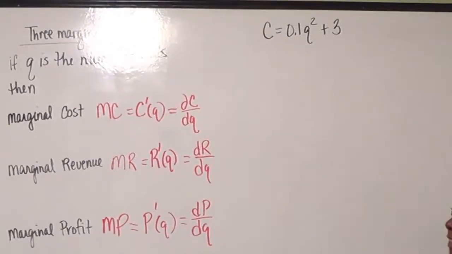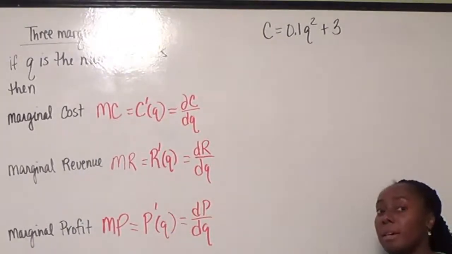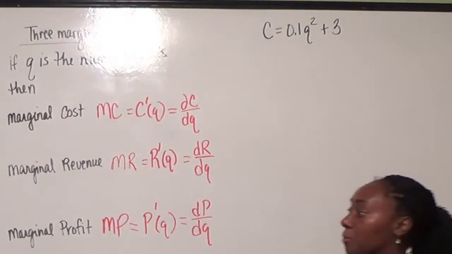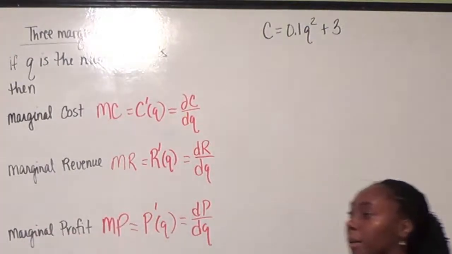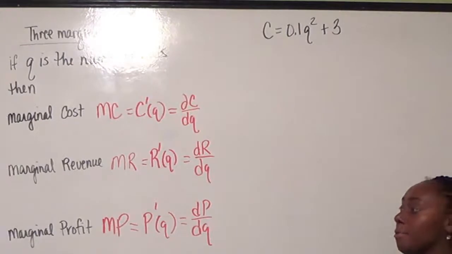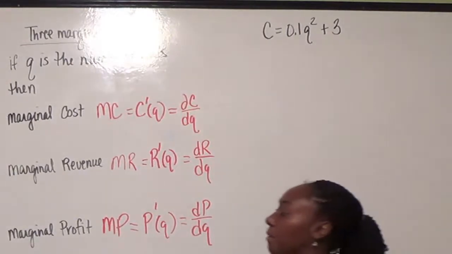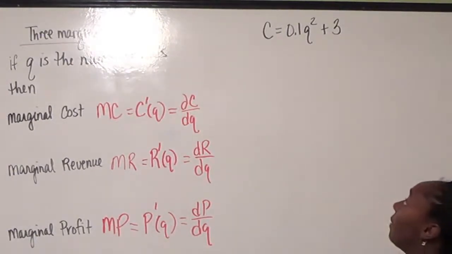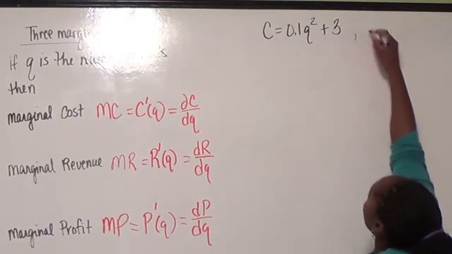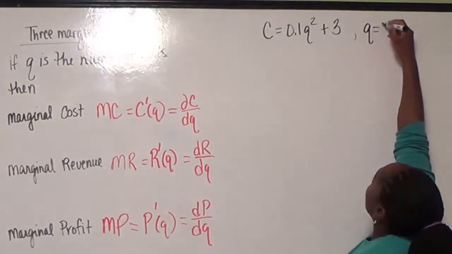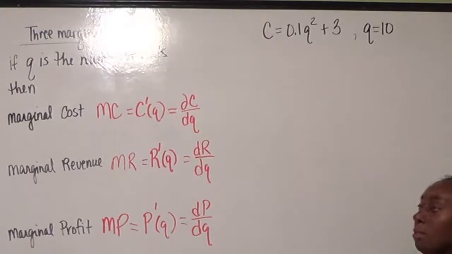Let's look at an example. So let's take our cost function, for example. We kind of talked a little bit about it there, and we just want to look at some different aspects of our cost function. And in this case, let's also assume that we've got 10 units.